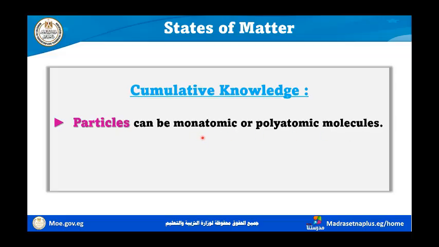Monoatomic molecule means that the particle consists only of one atom, while polyatomic molecule means that the particle of the matter consists of two atoms or more than one atom. In this case, we call the molecule polyatomic molecule. So monoatomic means only one atom. Polyatomic means many atoms, more than one atom, two atoms or more.